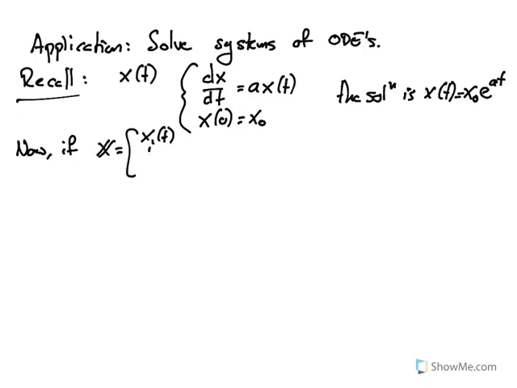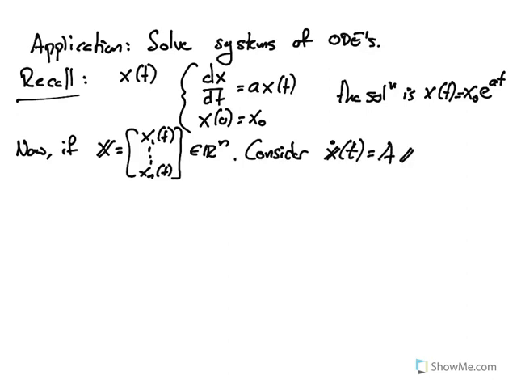Say you have a whole vector of functions, like this. So this is a set of n functions. And now we consider, say we have x dot, let's use that notation of a derivative, so we have this equation.